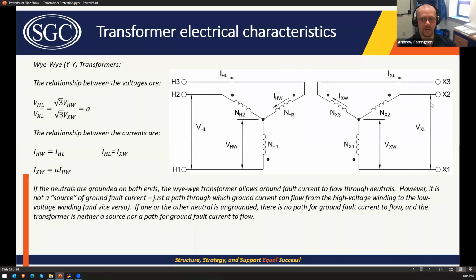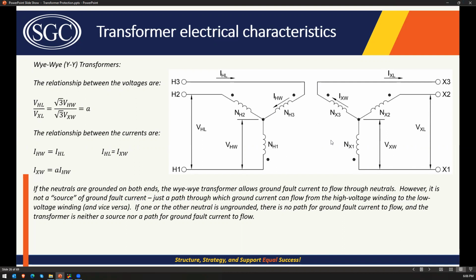Ground fault current cannot flow through that grounded Y winding, even though it's grounded, because there's no path for the zero sequence current to flow from the high side, because the high side isn't grounded, say.